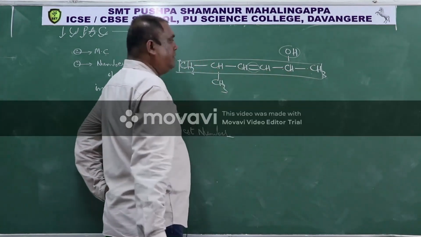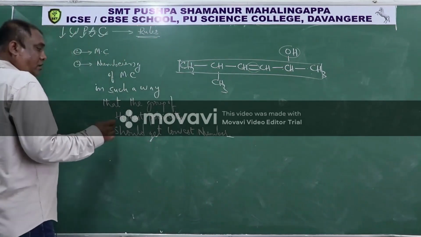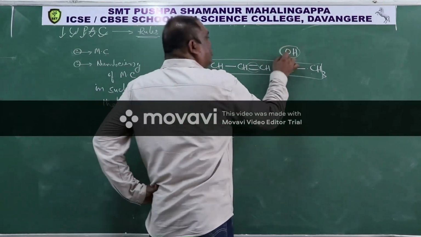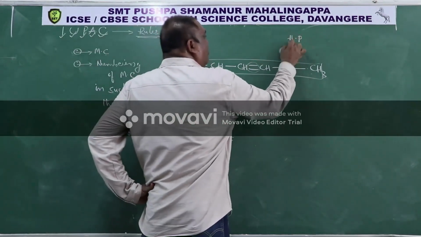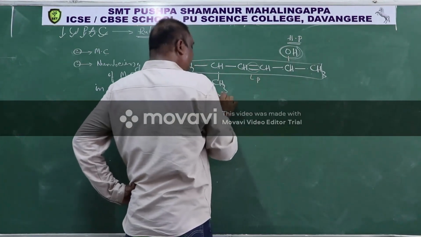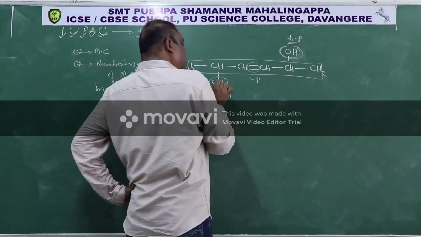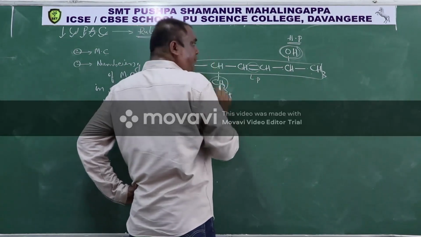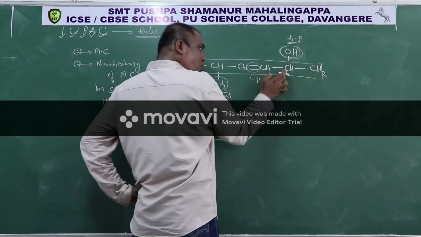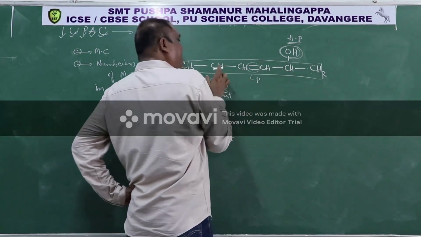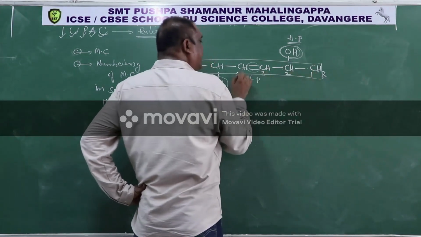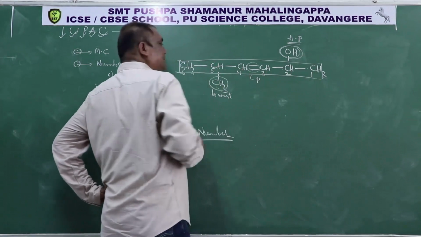How should I give? The rule is: highest priority group should get the lowest number. OH group is a high priority group compared to ene group. This is of low priority, this is not the highest priority. Therefore, I should start giving numbers from this side to this side so that it will get 2, this will get 3, this will get 5. That is the correct way. So I am numbering like this: 1, 2, 3, 4, 5, 6.